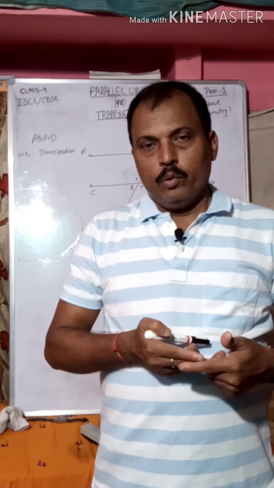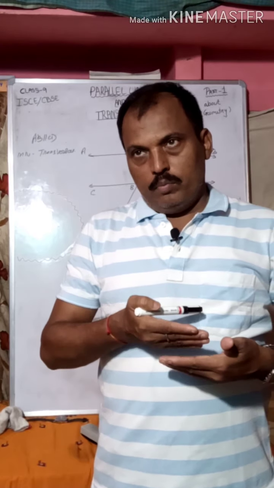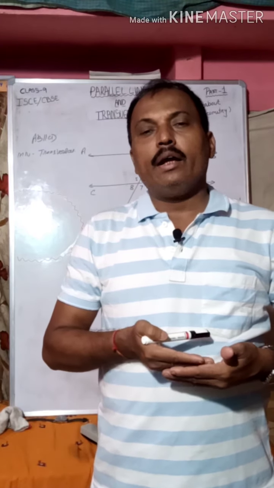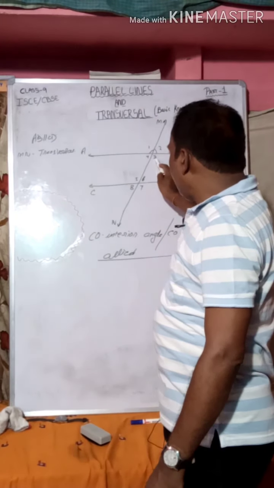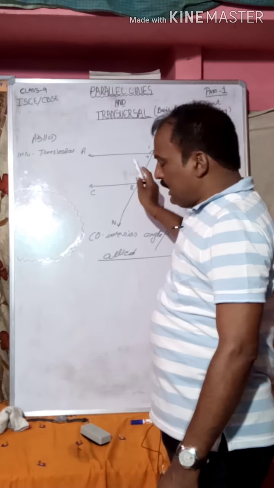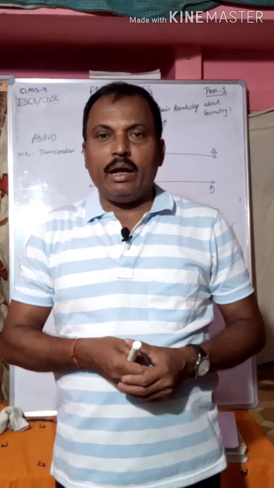Co-interior angle means it is about the interior angles. How many interior angles? 3, 4, 5 and 6. There are 4 interior angles and 4 exterior angles. This is about the 4 interior angles.